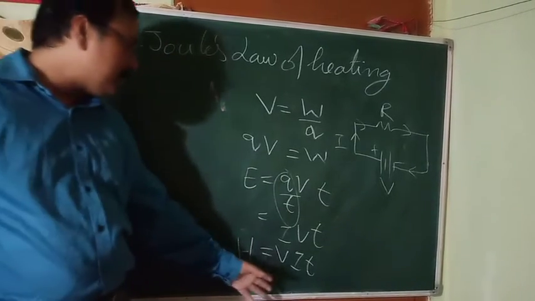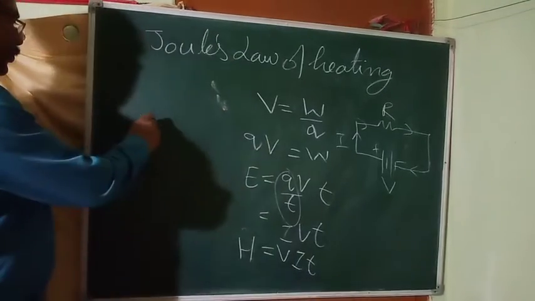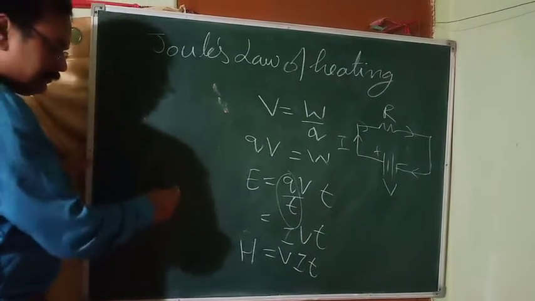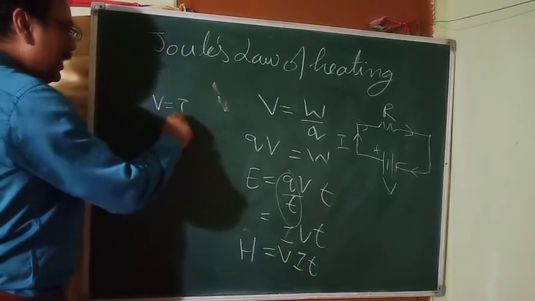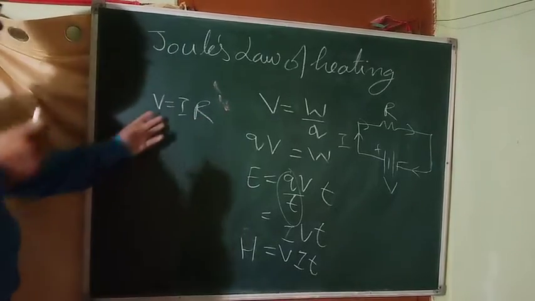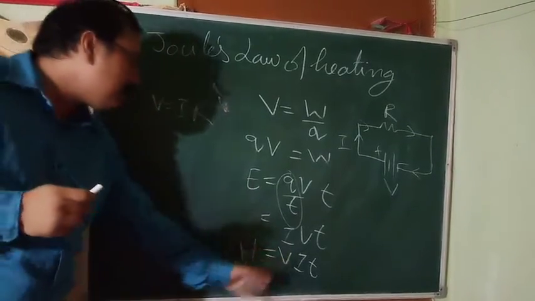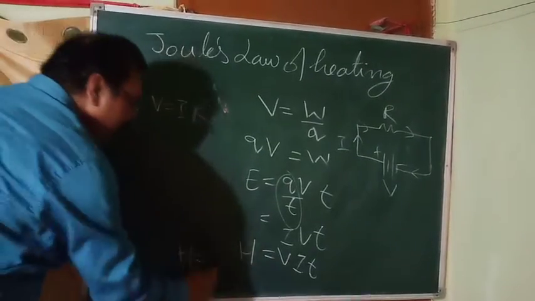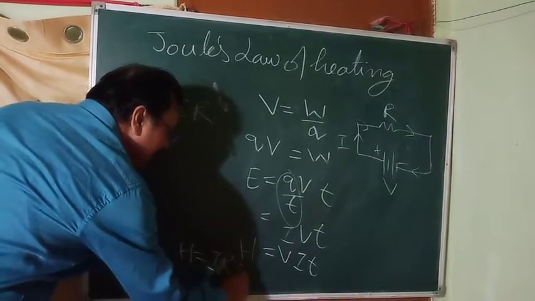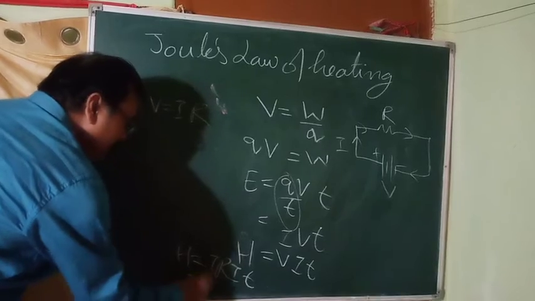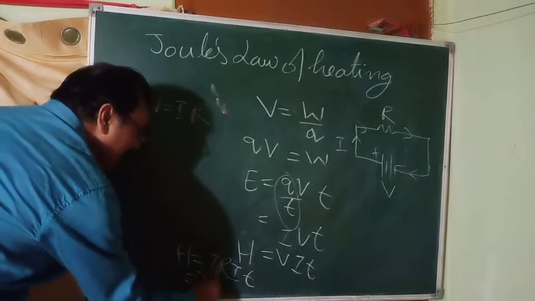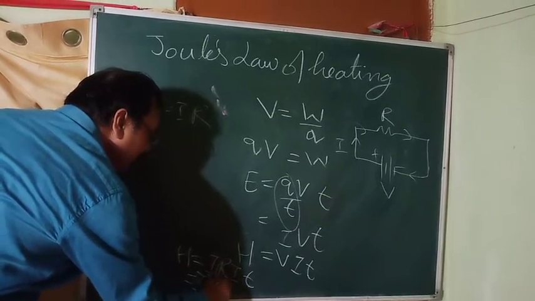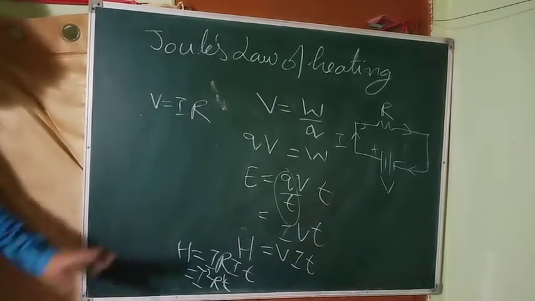And we know that according to Ohm's law, V is equal to IR. When we put this value V equals IR here, what will you get? H is equal to, instead of V, IR, and again I, again T. So you will get I square RT.